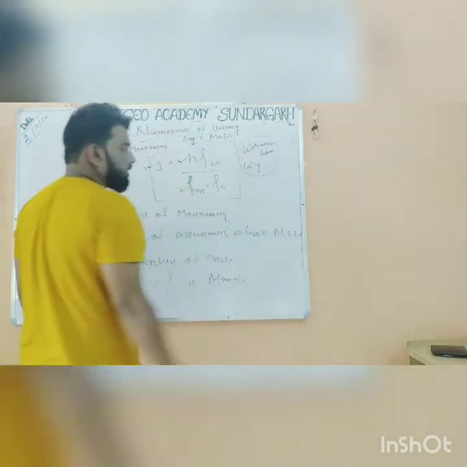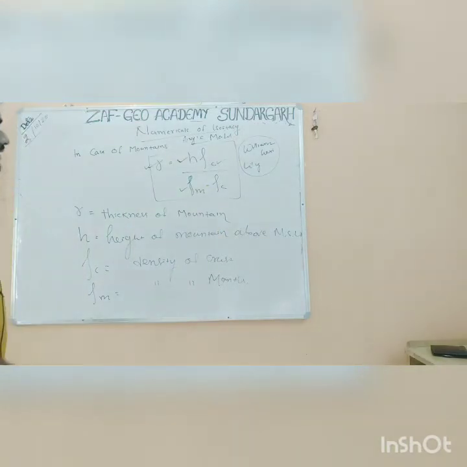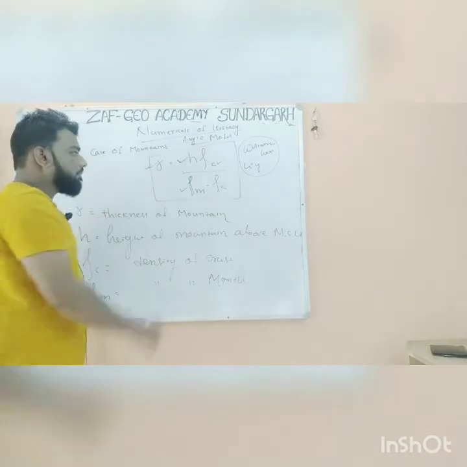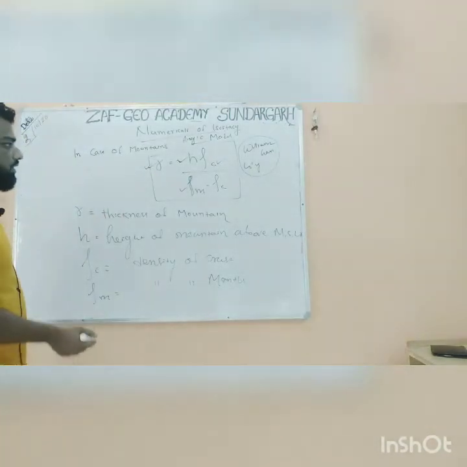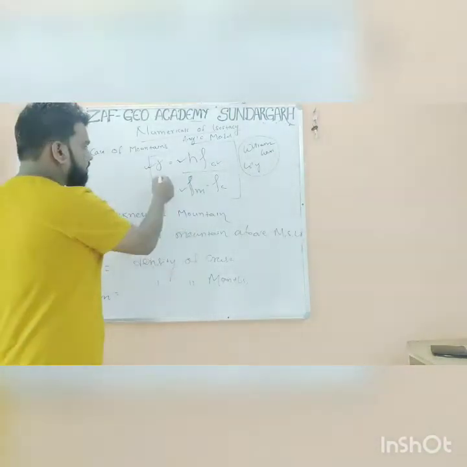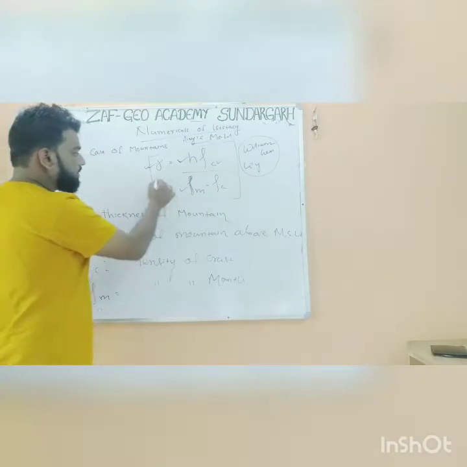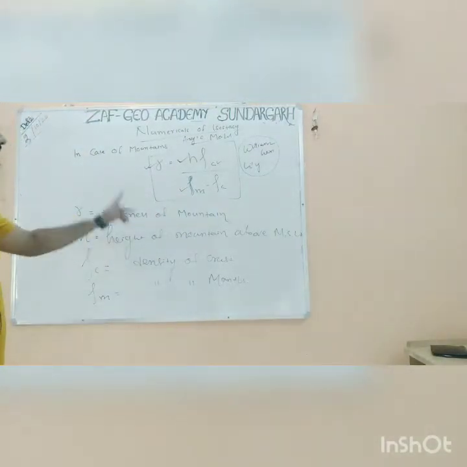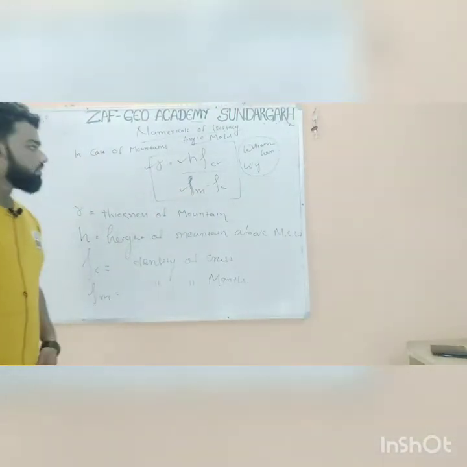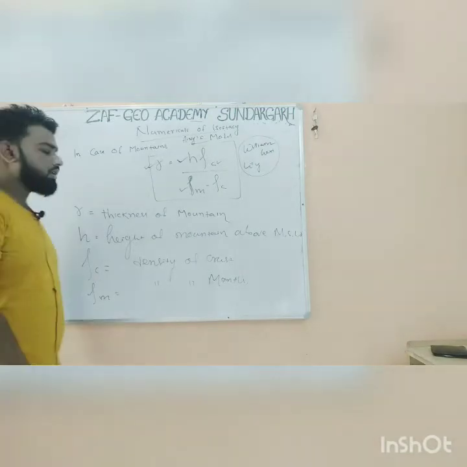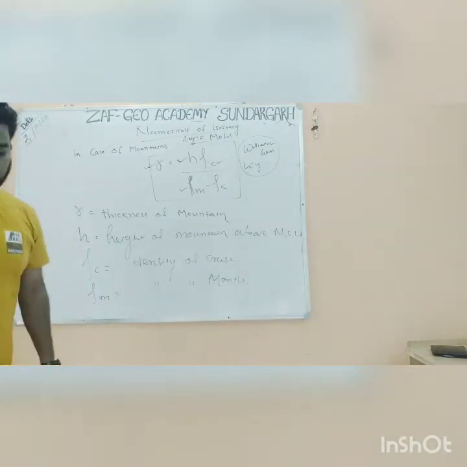But in the GATE exam, no one is going to ask you to derive this formula. They will ask numericals from this formula. If you want me to derive this formula, then comment and I will derive it also. Okay, so let's start directly with the numerical problems.